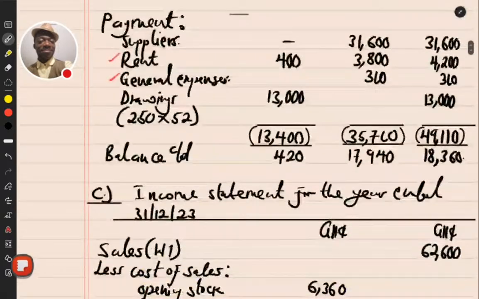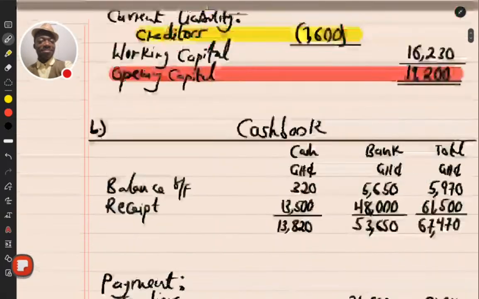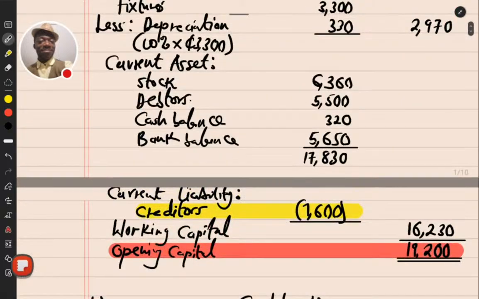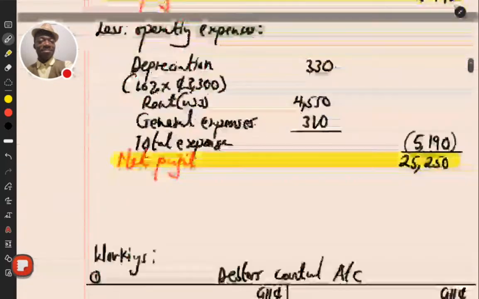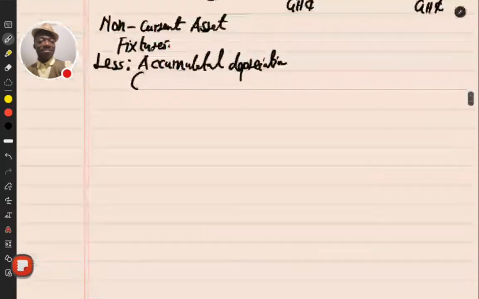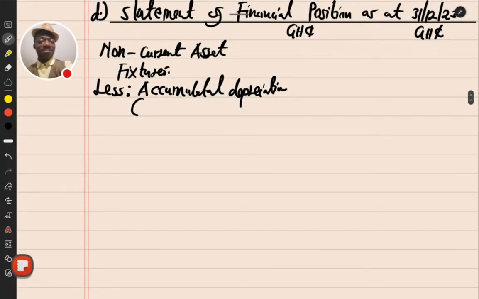And as at when we were preparing the statement of affairs, the depreciation figure was also 330. So bring the two up, and then we'll get our accumulated depreciation. So we'll have here as what? 330, another 330, and that's supposed to give us a figure of what?